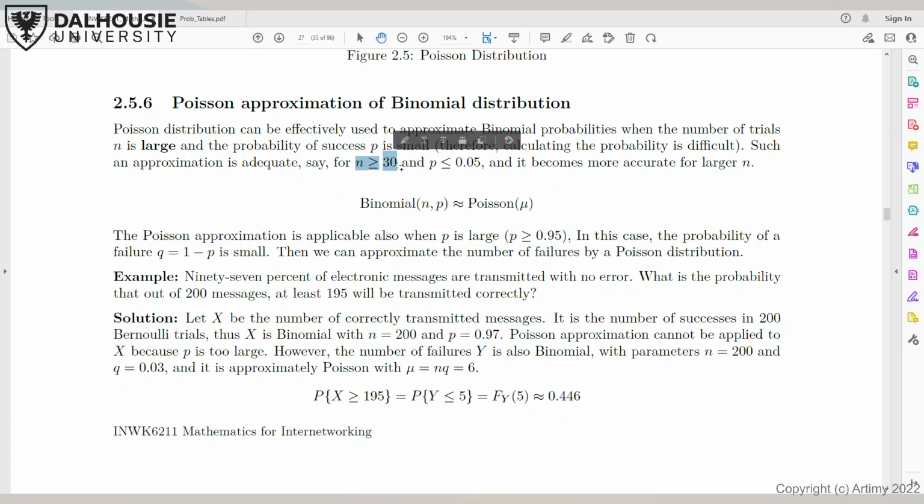So the number of trials in the binomial is greater than or equal to 30, and p should be small, should be less than 0.05. If I have these two conditions, then I can approximate binomial with Poisson, which means that I can use Poisson to calculate the binomial distribution.